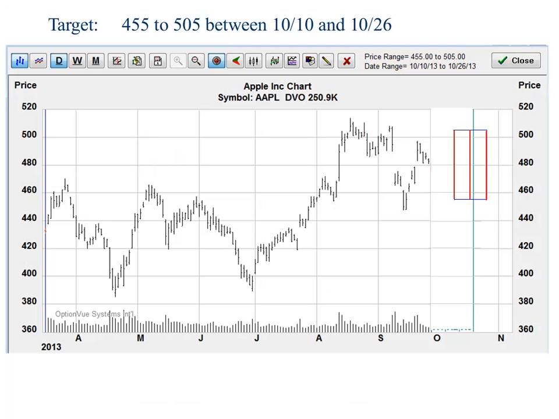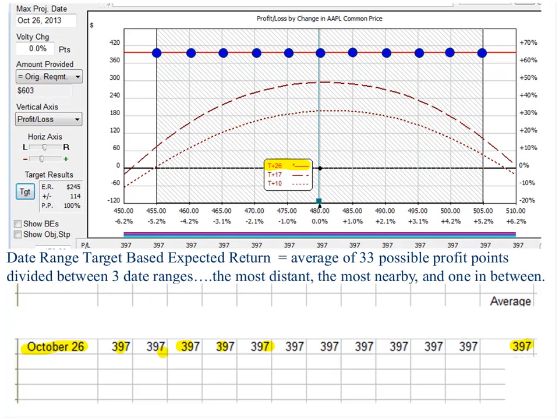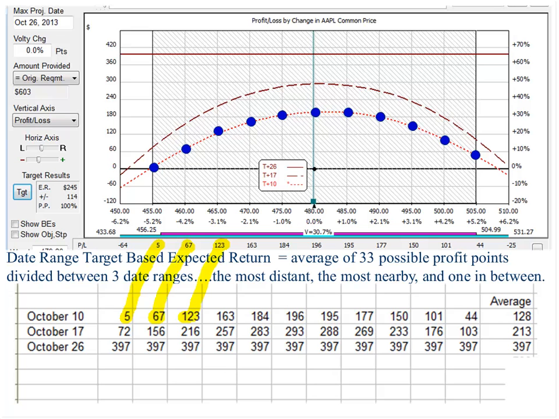We're running 11 data points on each of those 3 red lines in the future, seeing what the profit and loss would be at each of those places, and then averaging it up. Here we are with the near date, and we don't make as much money on that one, but it is a positive expected return at 128 average. If you average all that up, you end up with an average of all 33 of these at about $246.